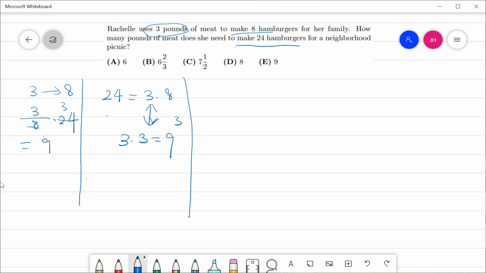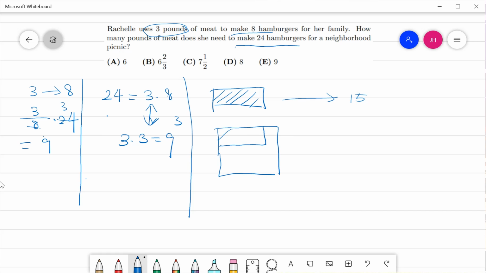Okay, we can make this problem a little bit more complicated. Let's say, what if we change this question? We say, Rachel has enough meat to make 15 hamburgers, and let's ask, how much more meat does she need to make 95 hamburgers?